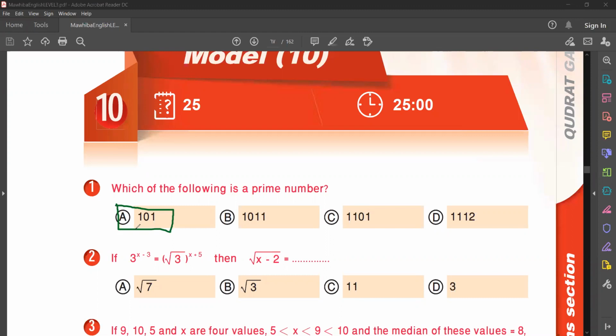How do I find the square root of x minus 2?